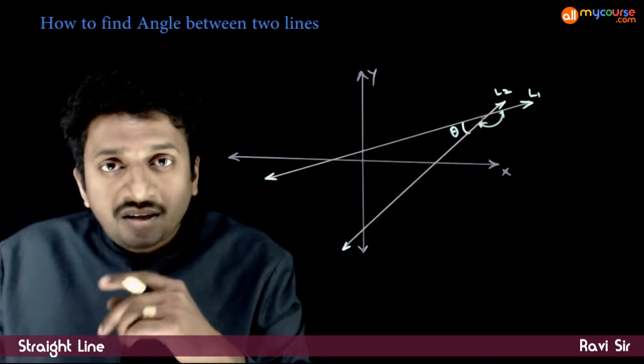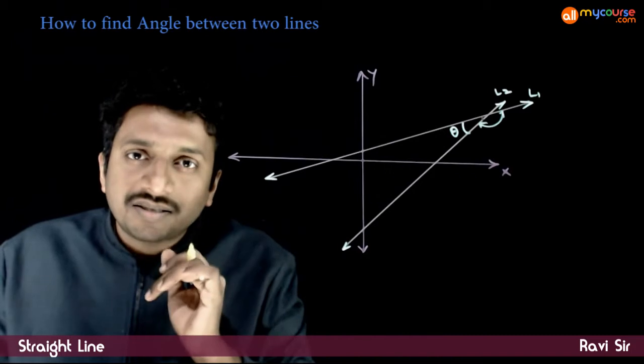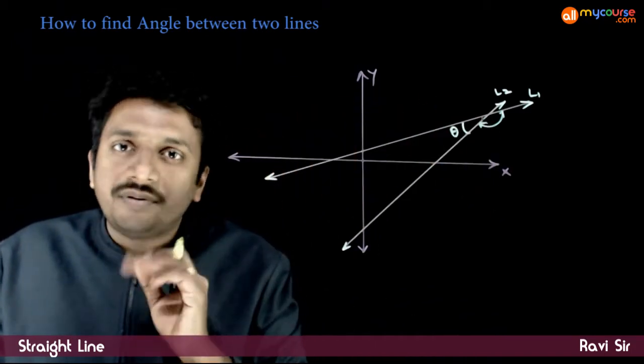That means if the angle between two lines is something like 30 degrees, the angle between the lines can also be said to be 150 degrees.